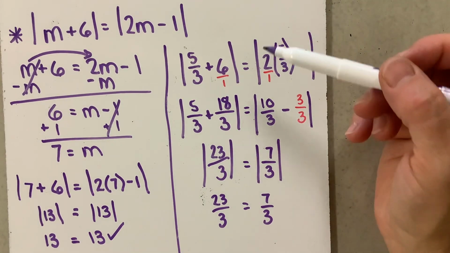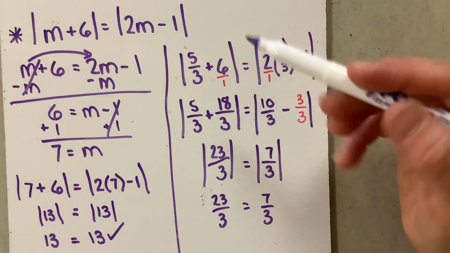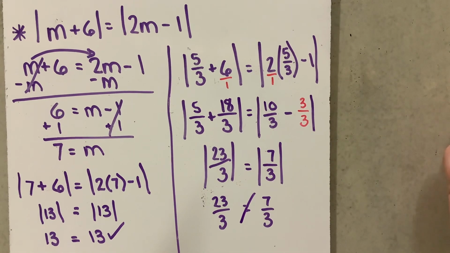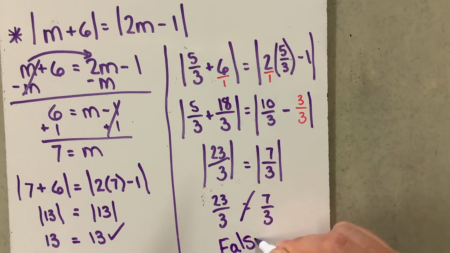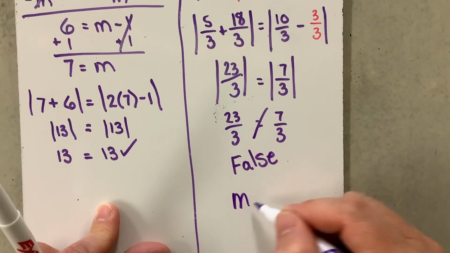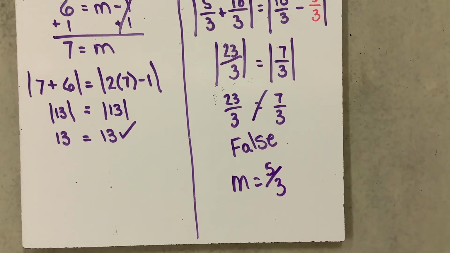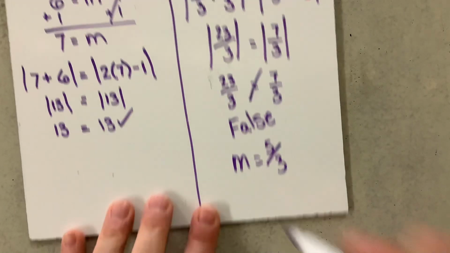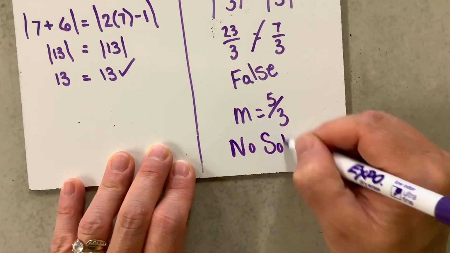Sometimes that happens. They don't equal, so this is not true. This is false. So our m equal to 5/3 is actually not a solution. Sometimes that happens, so no solution.